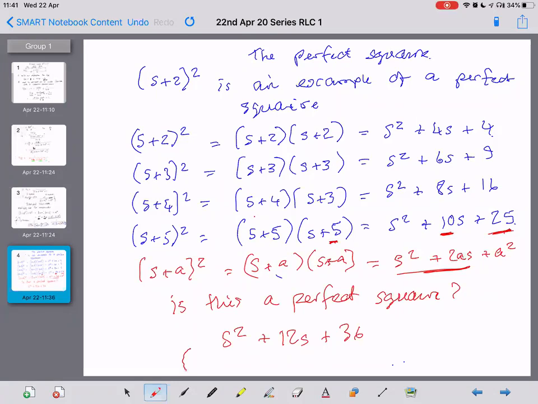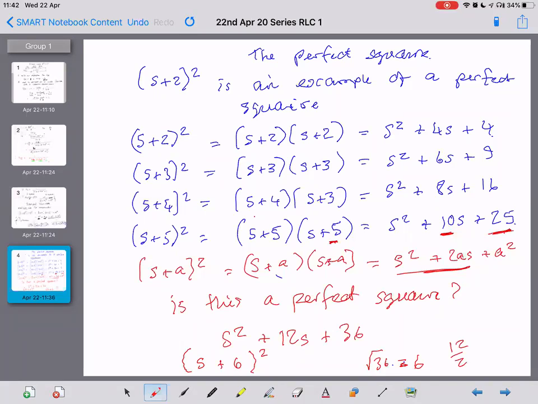Remember, what we need to be able to do is write it as (s plus something) all squared. 6. Yeah, because the square root of 36 is equal to 6. If we get to 36 by squaring 6, we must get back to the 6 in here by the square root of 36.